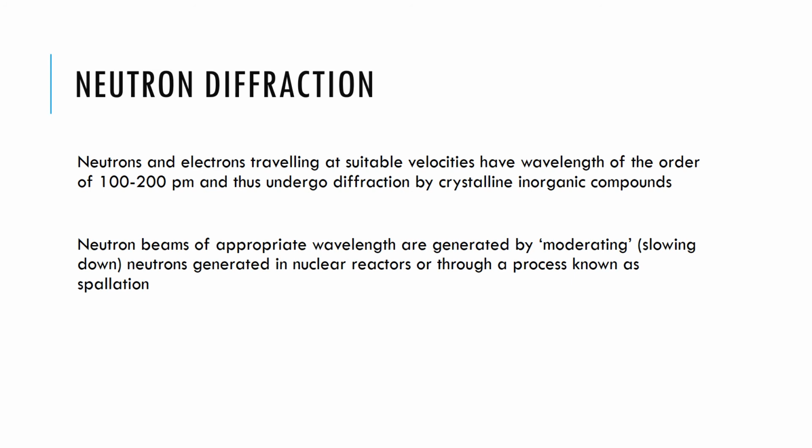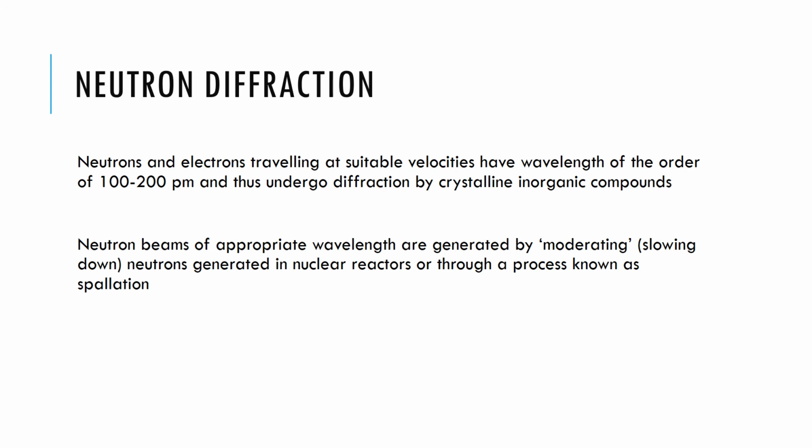Now, if you can have X-ray diffraction, then you can have neutron diffraction. Subatomic particles like neutrons and electrons travel at suitable velocities for diffraction experiments, have suitable wavelengths, and are able to undergo diffraction by crystalline inorganic compounds.